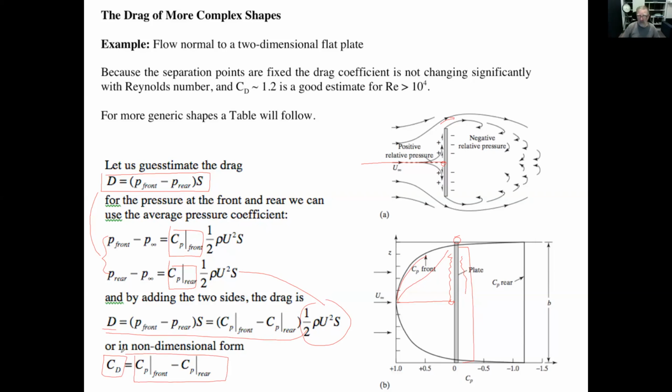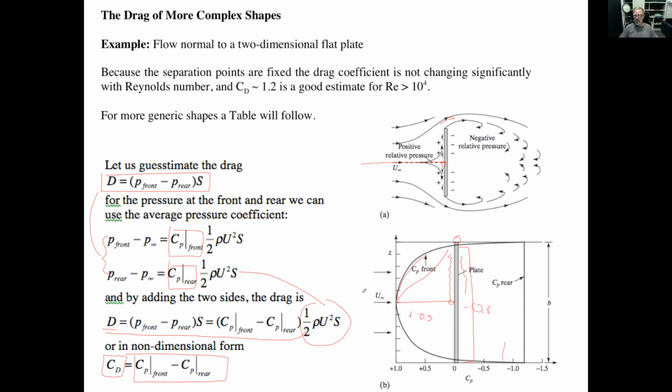Okay, so now, long talk, what it means. Suppose the average Cp here is going to be, I don't know, let's say 0.5. And I exaggerated here, so probably the Cp is more like 0.8. Let's say 0.8. Here it is minus, and here it is plus.